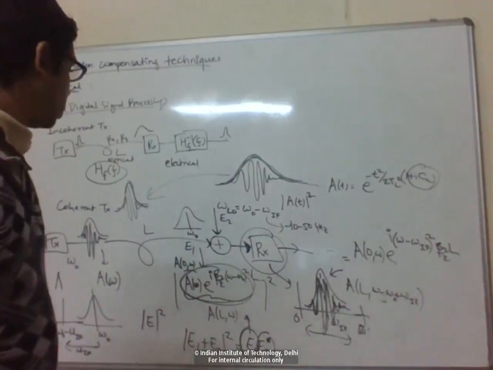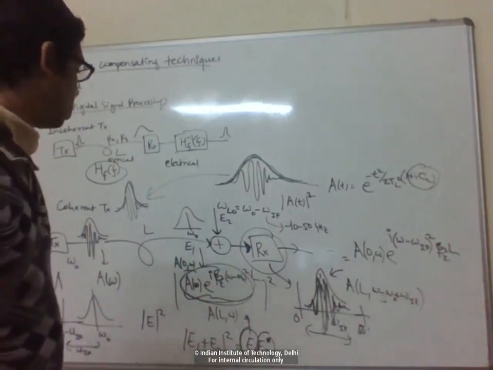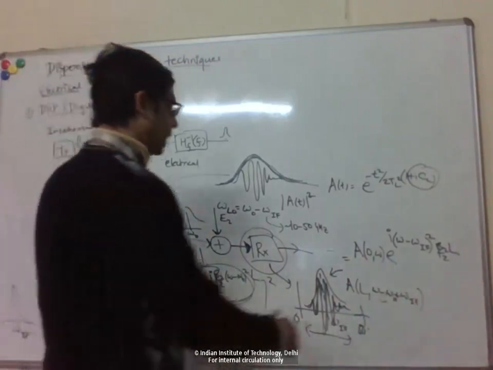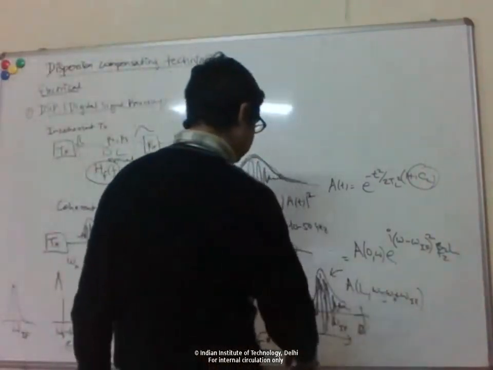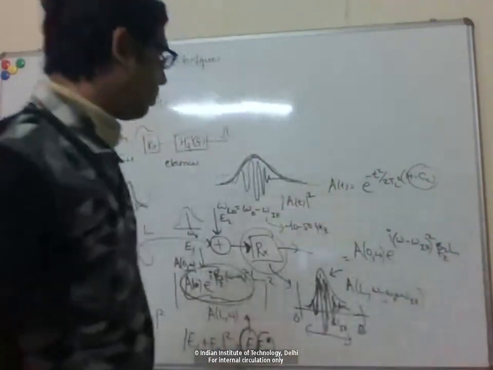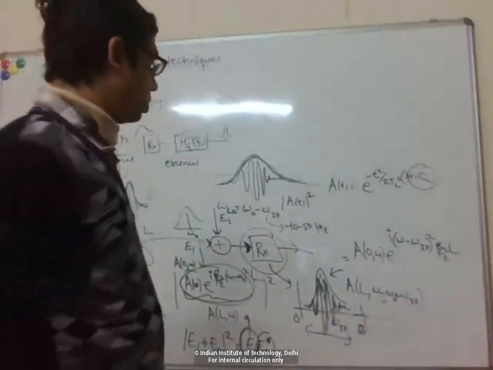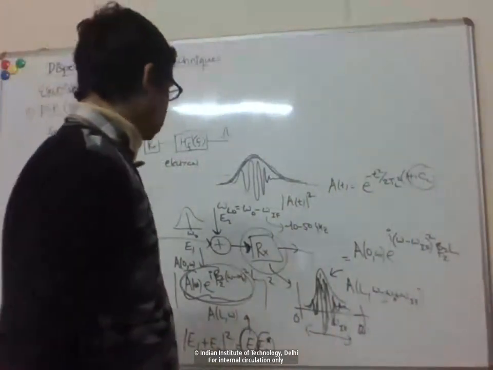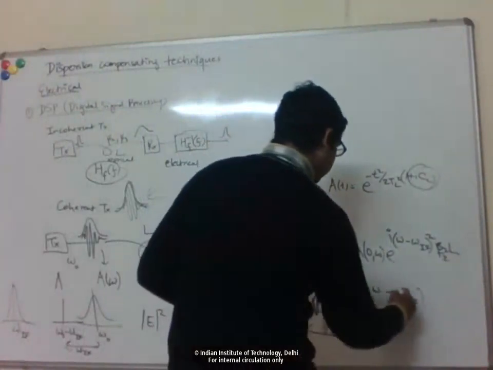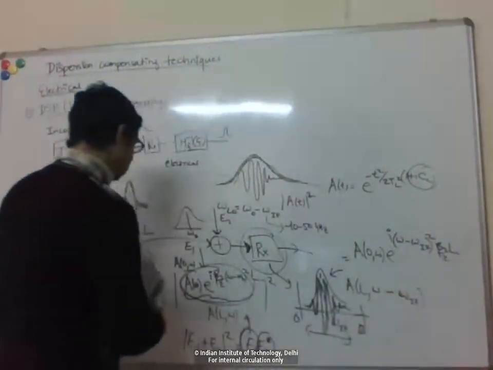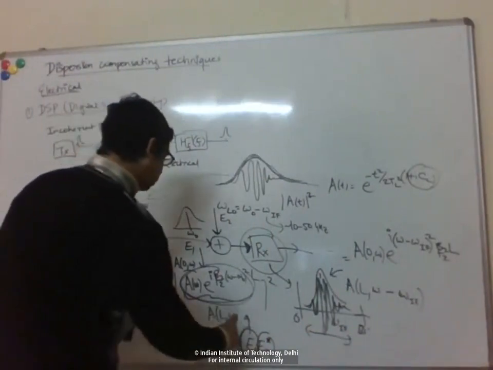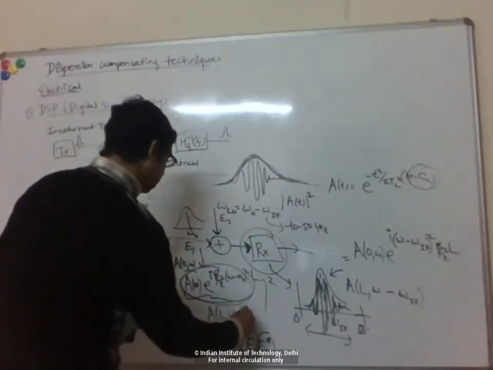Omega minus, yeah, so this will be centered at omega IF. So yeah, maybe more precisely, I should write like this, and here it should be omega minus omega naught.